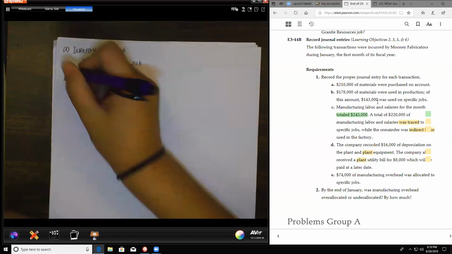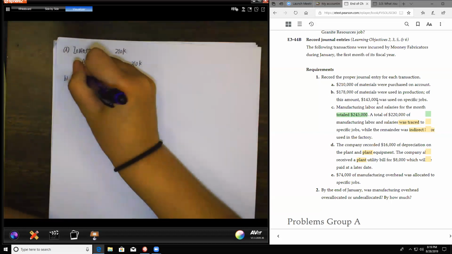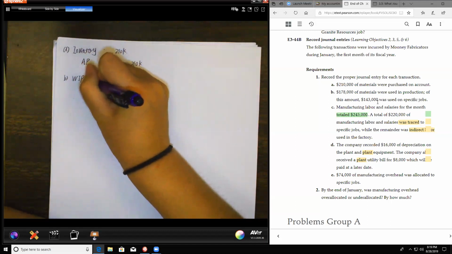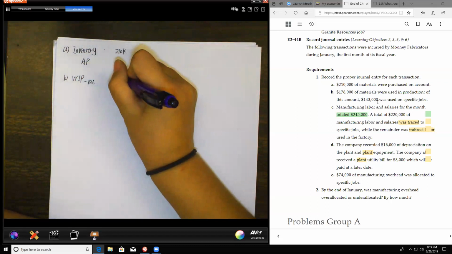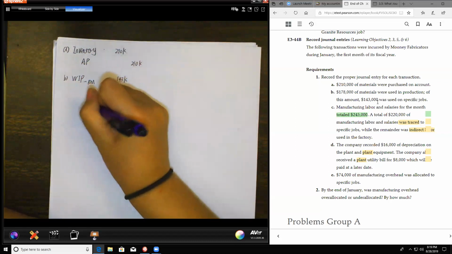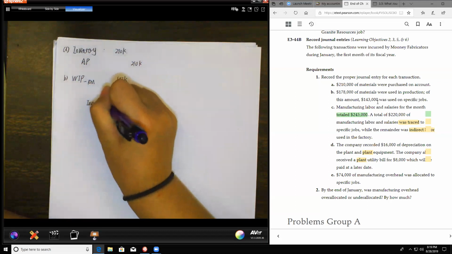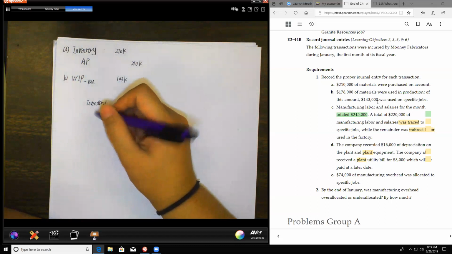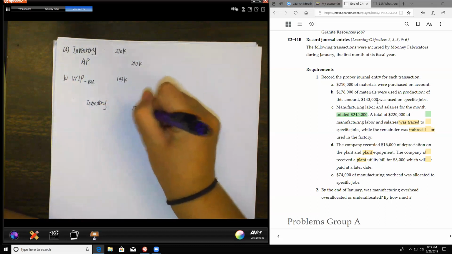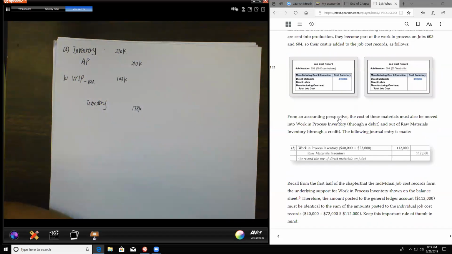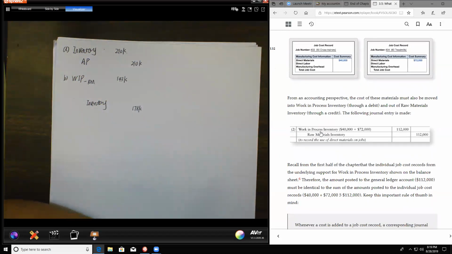So that will go to our work in process, and then that is our raw material, right? 143,000 can be traced, and we said that we totally used the inventory. When we bought inventory, it's debit. When we use inventory, it decreased, so it's 178,000. Right?